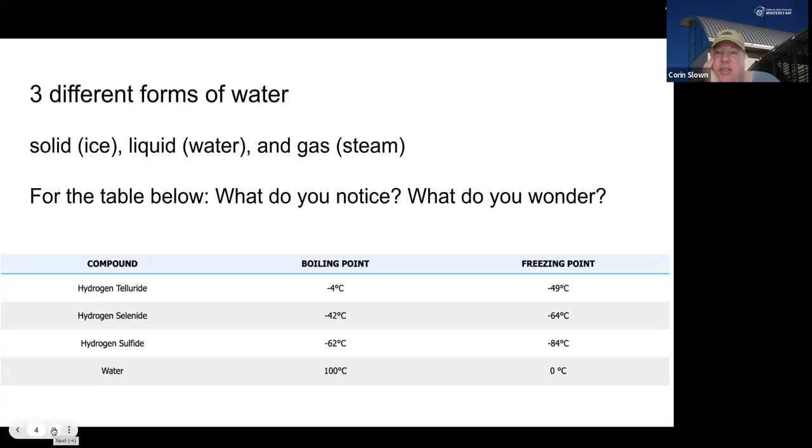Any other insights for this table before we move on? Okay, something for you to think about. We'll come back to it.